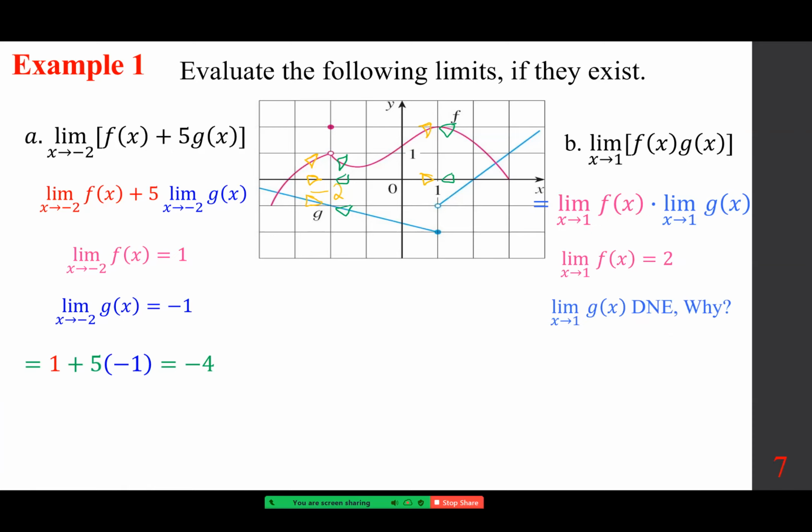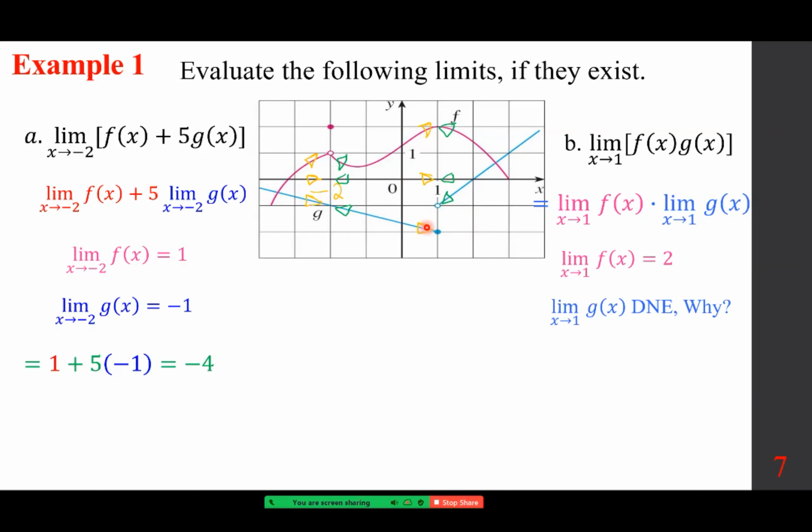So g of x is the blue function. From the left side, we are moving in this direction. From the right side, we are moving in this direction. So from the left side of 1 in this direction, we end up here.